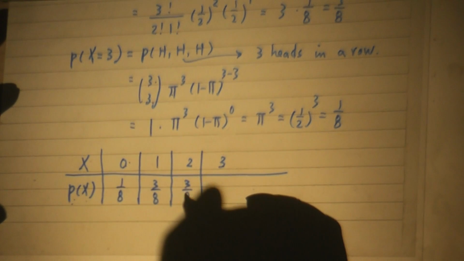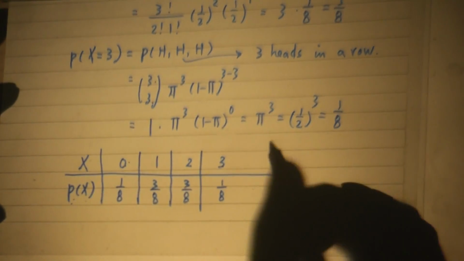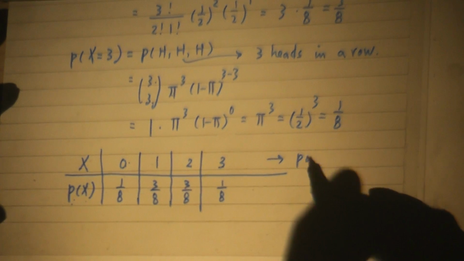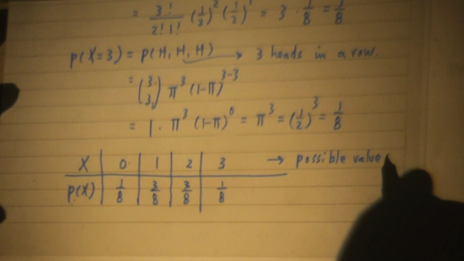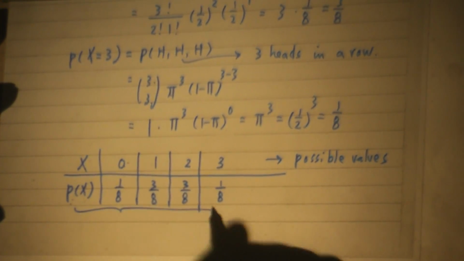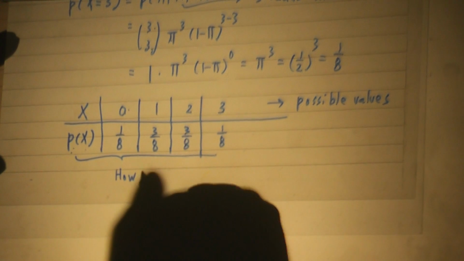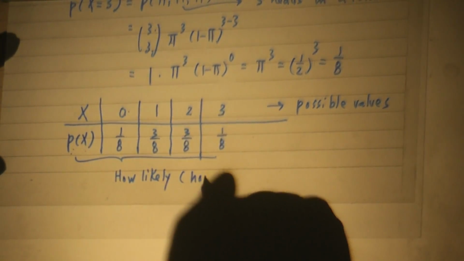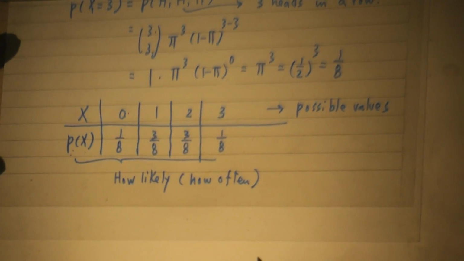And this is 3 over 8. And this is 1 over 8. Okay? So these are the possible values, and these are how likely, or how often, we see them.